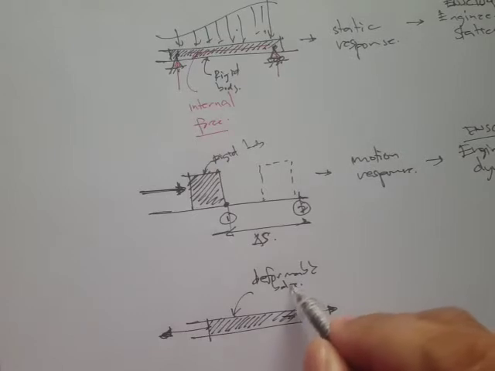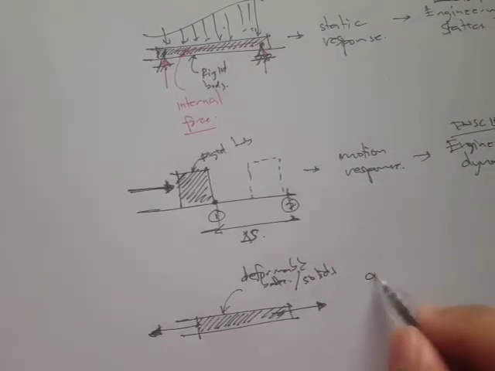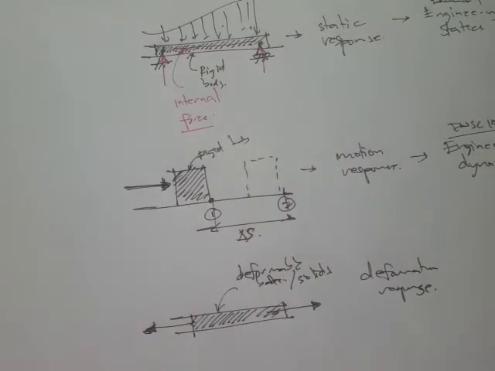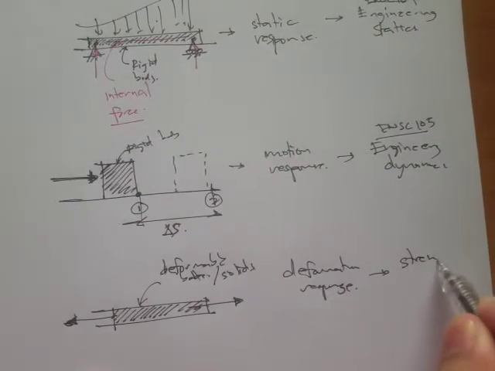Actually, I think it's more precise to say deformable solids rather than just body. Now, I call this the deformation response. If we are talking about the deformation response, that's the concern of strength of materials, or mechanics of deformable solids, or bodies, materials.